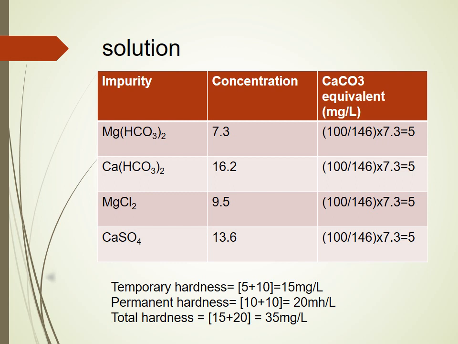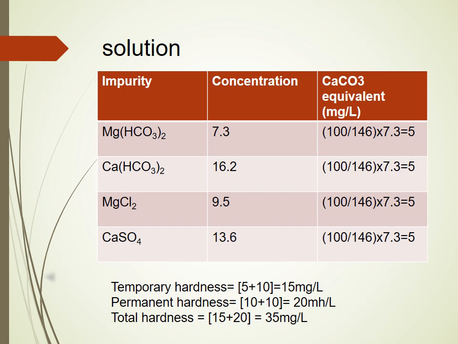Now in the question we have to determine the temporary, permanent and total hardness. The temporary hardness is due to the carbonates and bicarbonates of calcium and magnesium, and all other impurities contribute towards the permanent hardness.